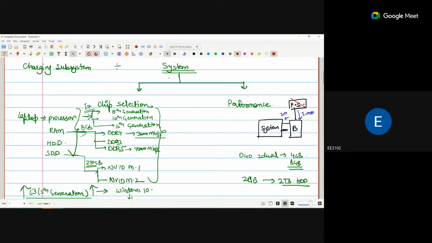When I remove the power supply, the current is provided by the battery, so I is maximum, as required by the system. That is why all of this is managed by the charging subsystem: when to supply current and when not to supply current to other subsystems.